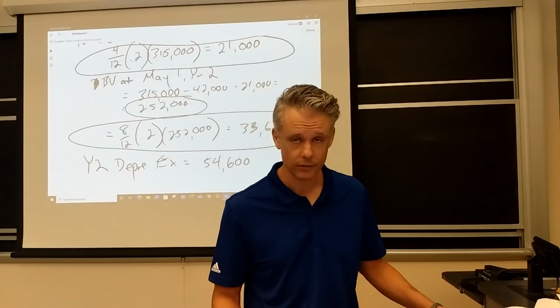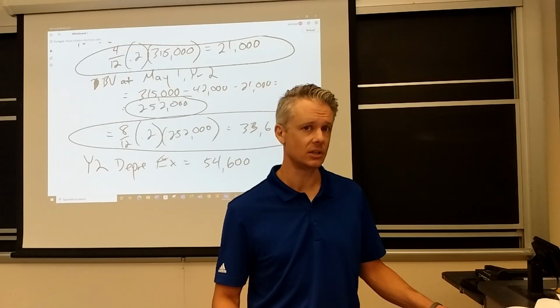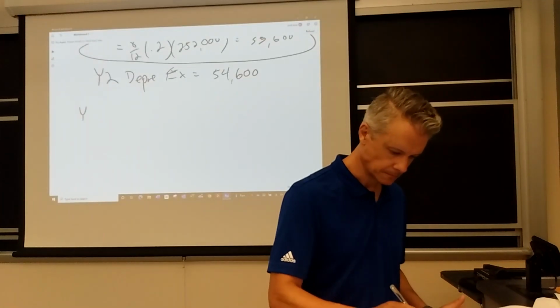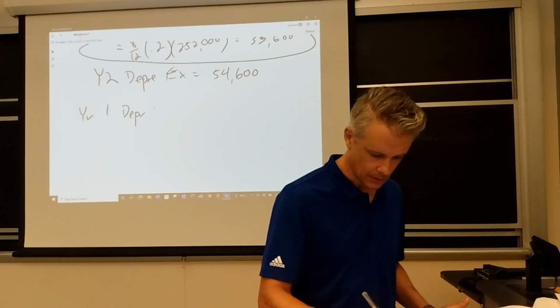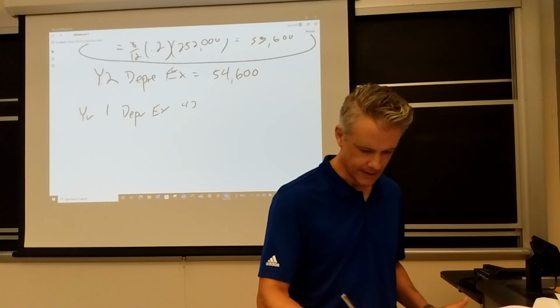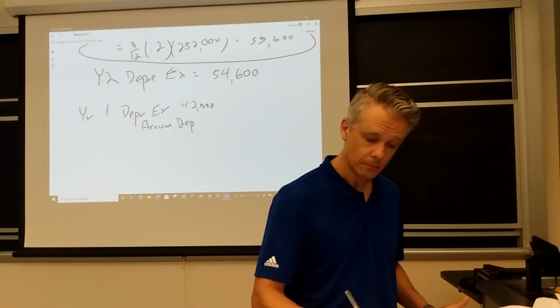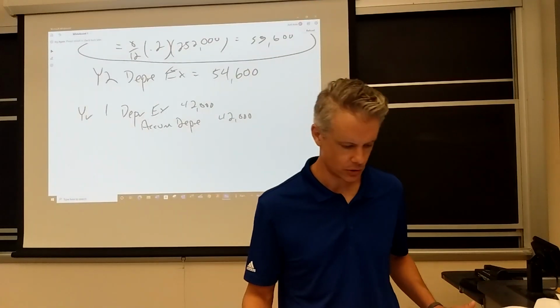Let's finish this out with a couple journal entries and then thinking about book value at the end of accounting year number 2. Year 1, depreciation expense debited for $42,000, accumulated depreciation credited $42,000.